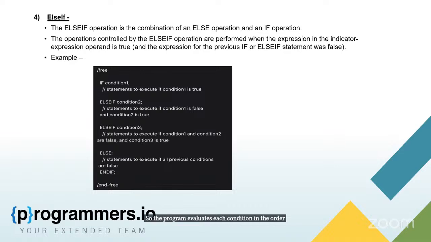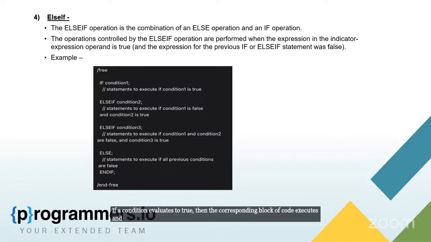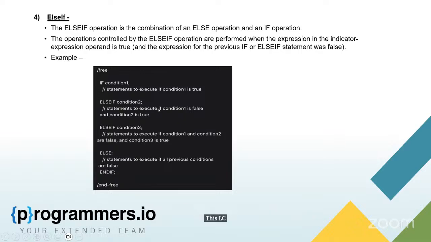If a condition evaluates to true, then the corresponding block of code executes and the rest of the conditions are skipped. So suppose this condition is false, then it is going to check the condition written with this else if block. If that is not true, then it is going to check this one. If that is also not true, then it is going to execute this else part.